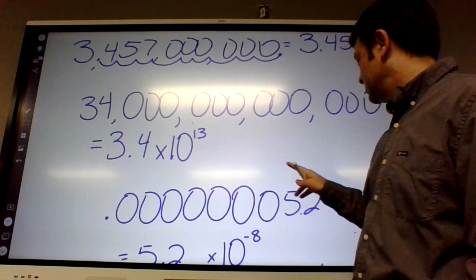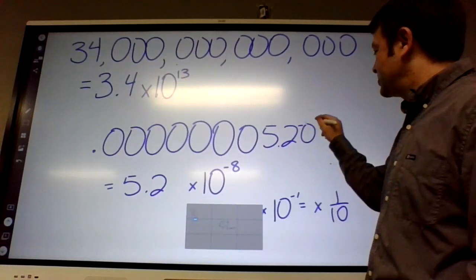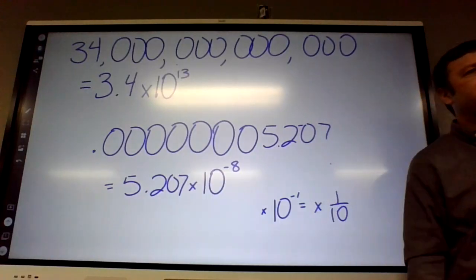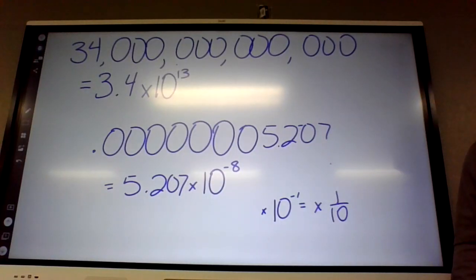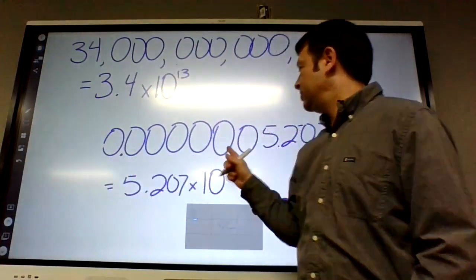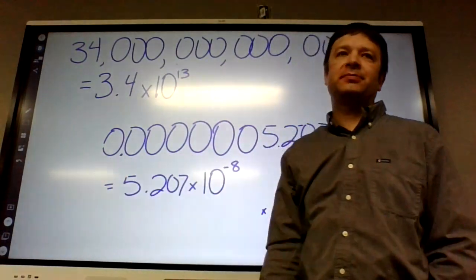If this was like 0, 7, I would have had to write the 0 and the 7. What if the decimal was in front of one of the zeros, like right here? You'd count from there to there.